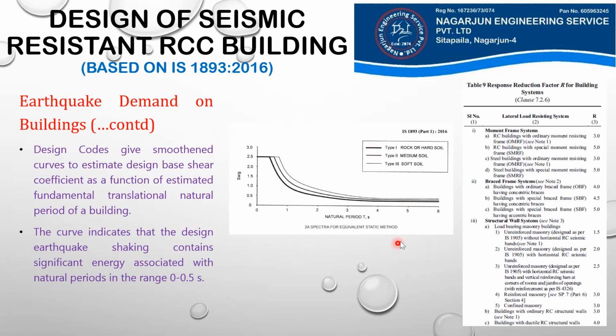Here you can see the diagram for determining the value of Sa/g. On the horizontal axis, we have natural time period, which you will calculate using the formula that we saw in the previous slide. In the vertical axis, we have the value of Sa/g, and this graph is for the three different types of soil. So you will just use your value of time period.